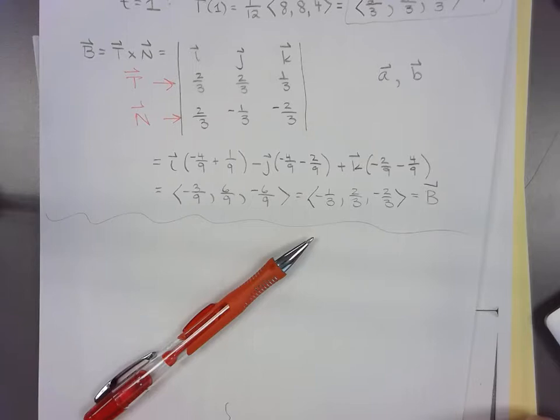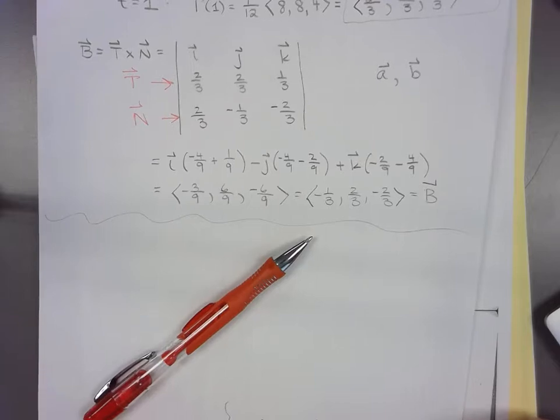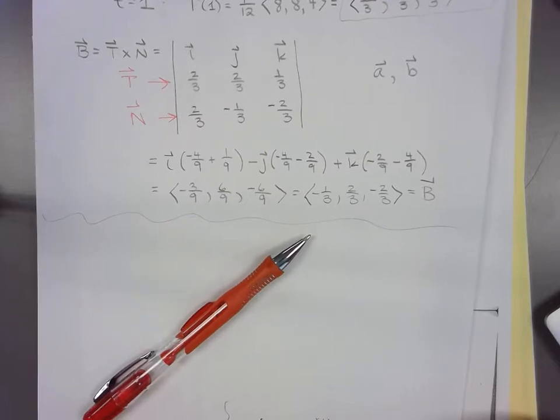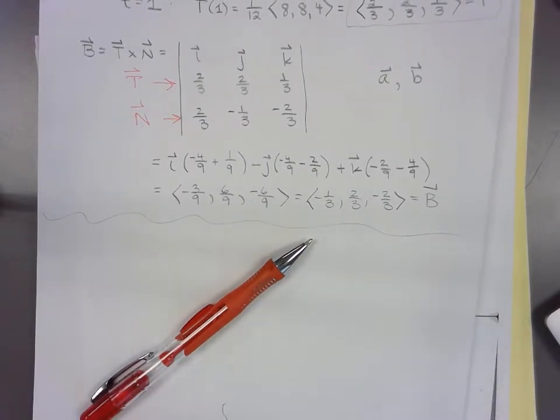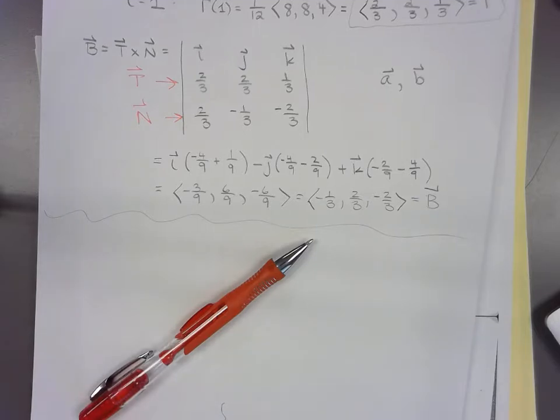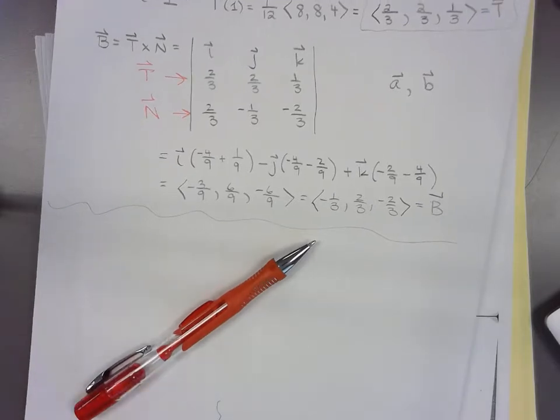So that right there is the direction. Okay, once we have the point and the direction, for parametric equations I need 3, right? I need one equation for x, one for y, one for z.